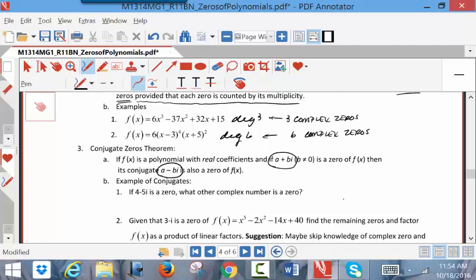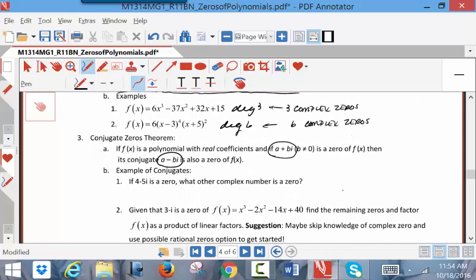So in other words, part 1, examples of conjugates, if 4 minus 5i is given to you to be a 0, 4 plus 5i will also have to be a 0 of that polynomial. One will be addition and one will be subtraction. You must always have your complex zeros in pairs, an even number of complex zeros.